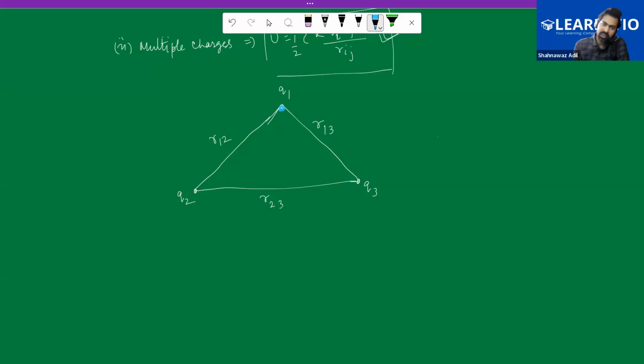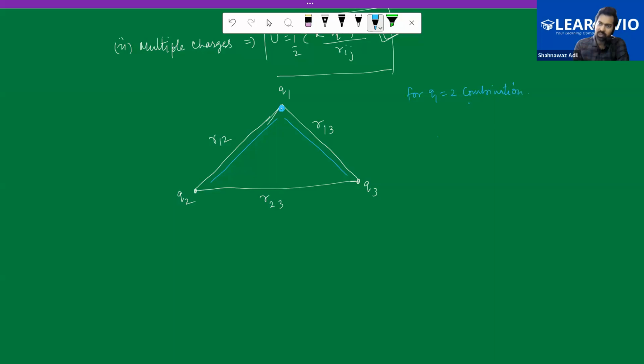Then the two pairs that I can make from this charge are this one and this one. Right. So for Q1, I have two combinations.